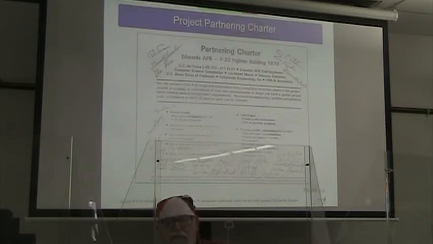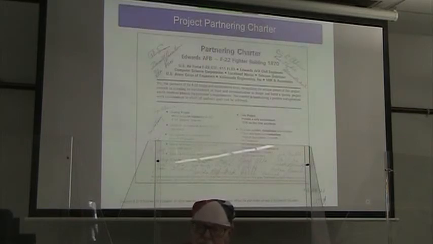Have a safe project, so provide a safe environment with no lost time accidents. Maintain positive cooperative relationships. Clear and open communications through appropriate channels. No surprises, no hidden agendas. Minimum delays of paperwork. Resolve problems quickly at the lowest level.